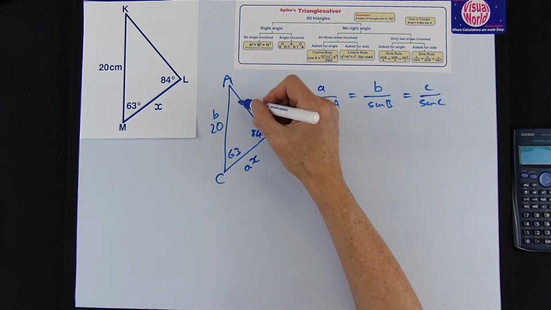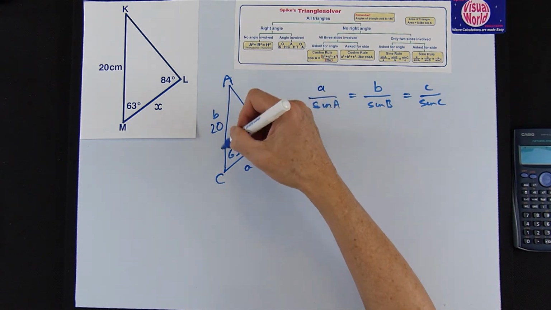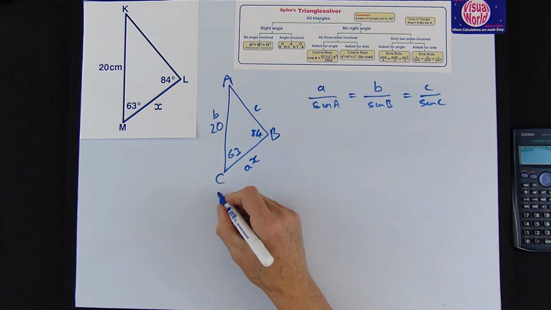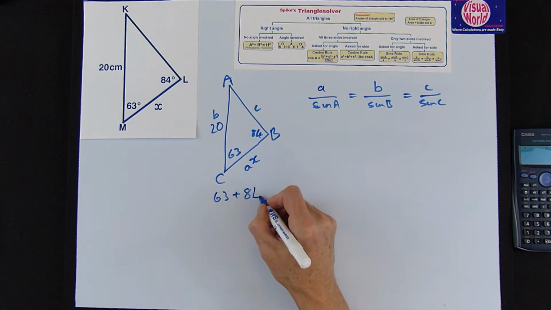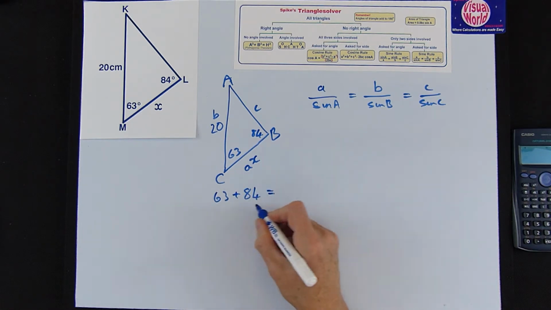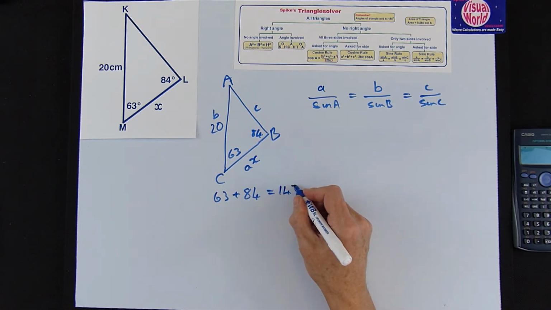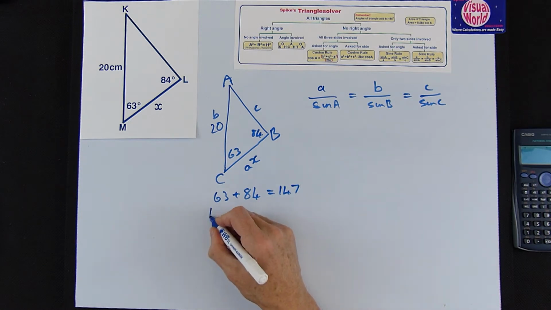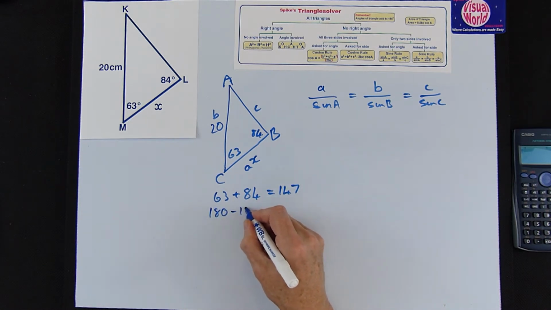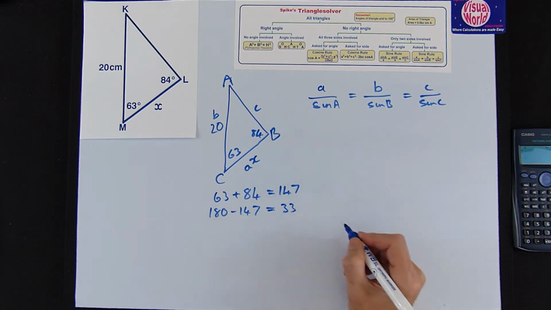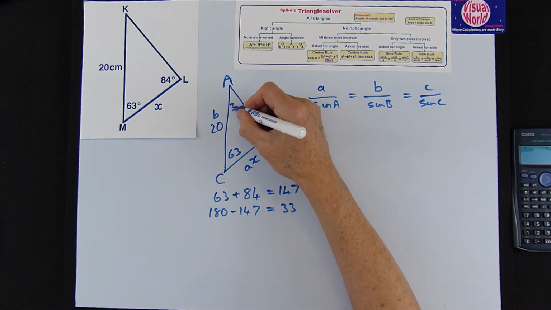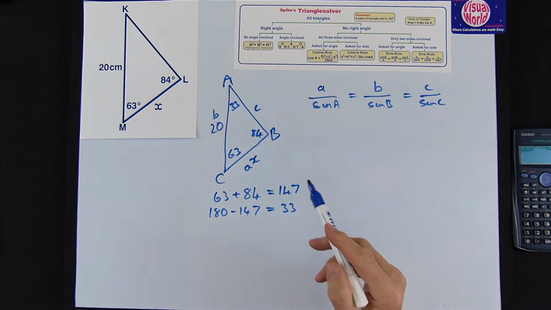Oh yes, we can, because we know that all the angles add up to 180. So if we take our 63 and add it to our 84, then we get 147. And if we take that away from our 180, we get 33. So we must put that in there now, 33, and now we're ready.